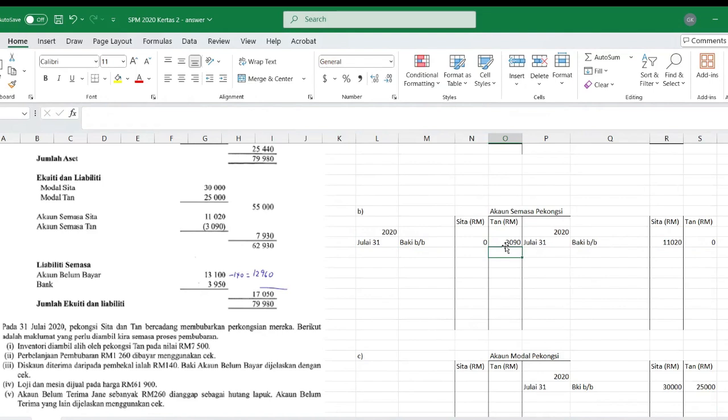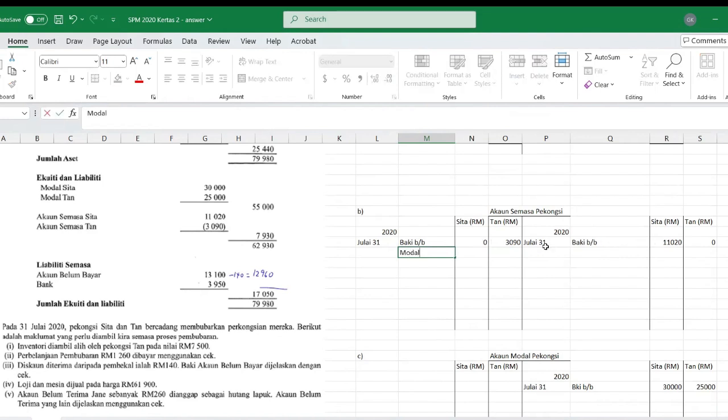Okay, so since the partnership is going to be dissolved, we are not going to keep account semasa. We transfer everything into account modal. So in this case of Perkongsi Sita, right, the baki bawah-bawah is here. We will credit to bring to account modal Sita.